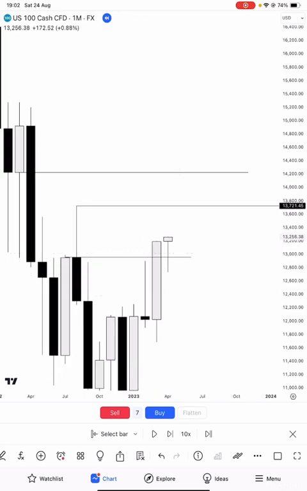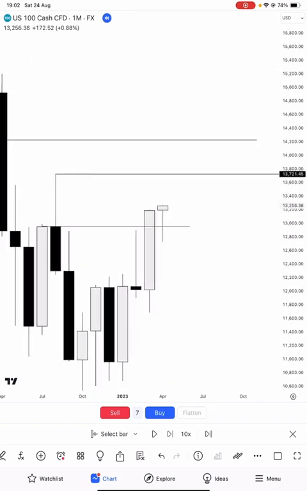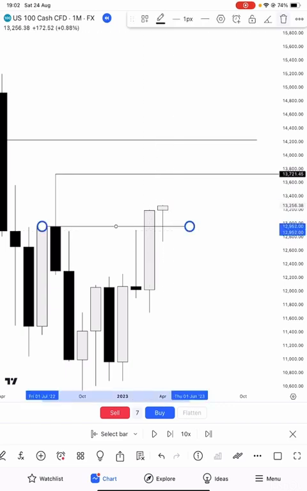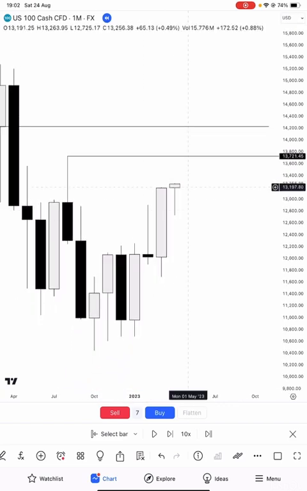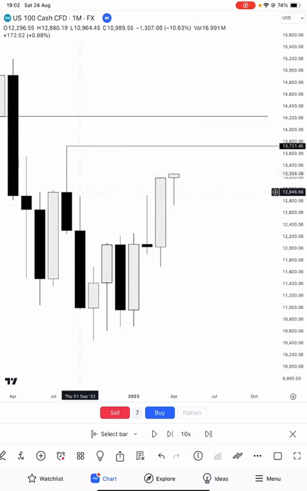So, come to the juice. We were here, as I said, the bias, let's remove. The bias for the next candle is a classic buy.